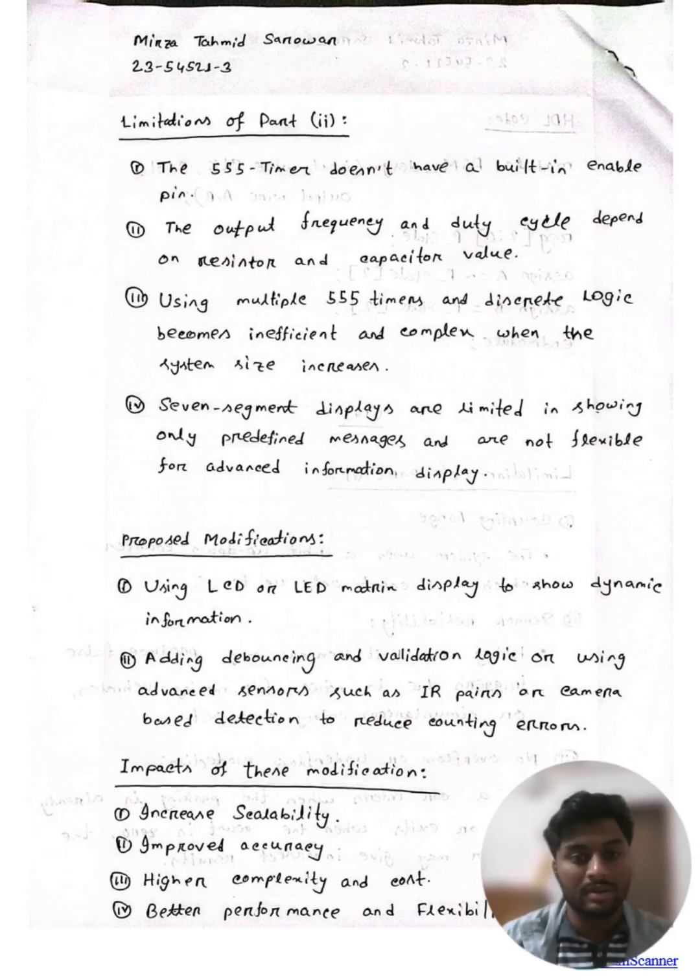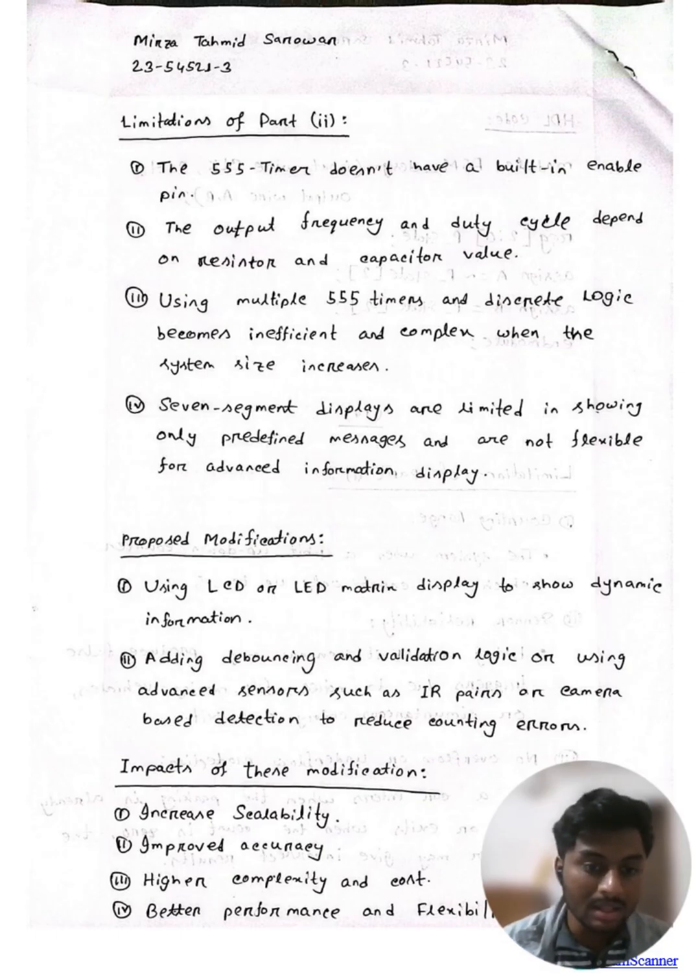The output frequency and duty cycle depend on the resistor and capacitor values, so we will be needing the resistors and the capacitors here, and using multiple 555 timers and discrete logic becomes inefficient and complex when the system's size increases. So there's a connection with the system size or circuit size, so there's this limitation. And there's one more, I'm not going to read it.